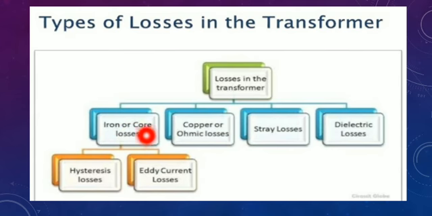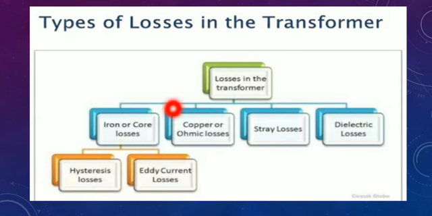Because the transformer core is made of iron, these are called iron losses, and they are classified into two types: hysteresis losses and eddy current losses.